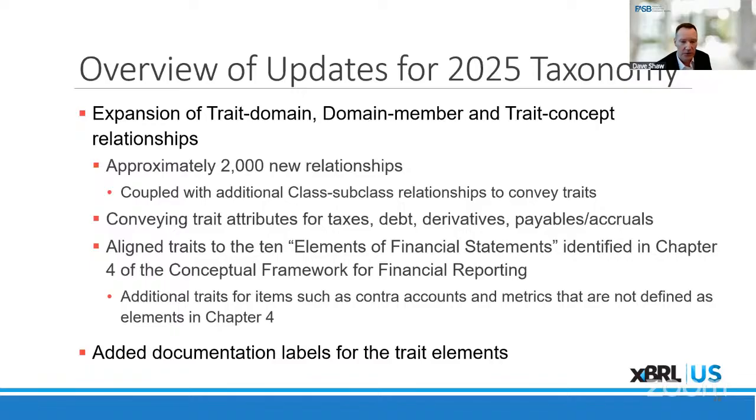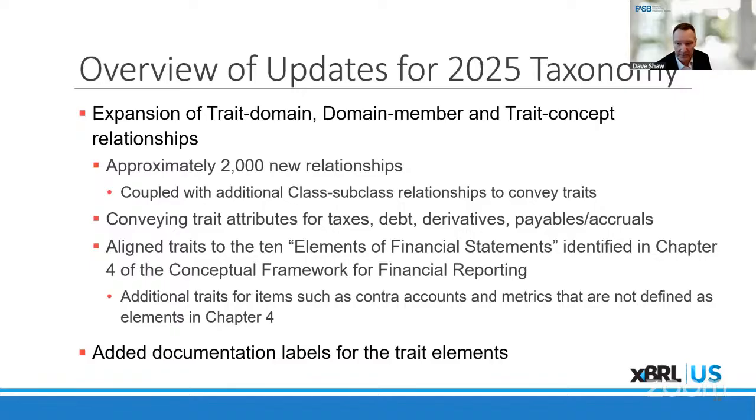During my live demo, I'll try and show this, but we try to align with the traits named in the elements of financial statements, which is identified in Chapter 4 of the Conceptual Framework for Financial Reporting. But we actually ended up with 15 traits for this, as we expanded it to be more encompassing for items such as contra accounts and metrics that aren't defined in Chapter 4.